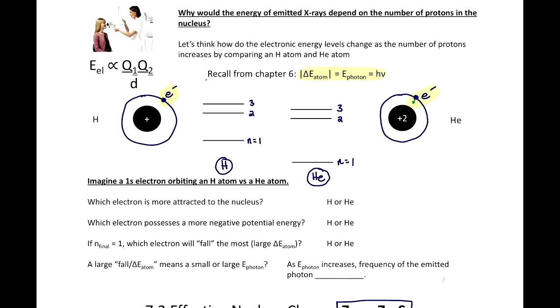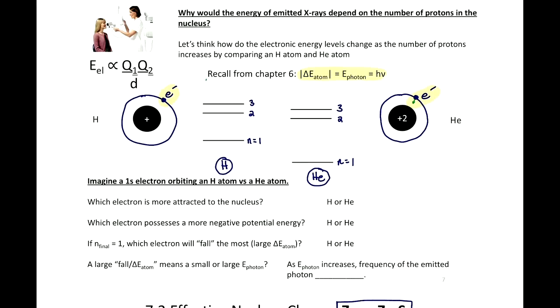Right, great. So if that electron is more attracted to a +2, then the n equals 1 energy level is lower in potential energy. So remember in chemistry, is low potential energy good or bad? That's good. Low negative potential energy is good. It means that we have a stable system.